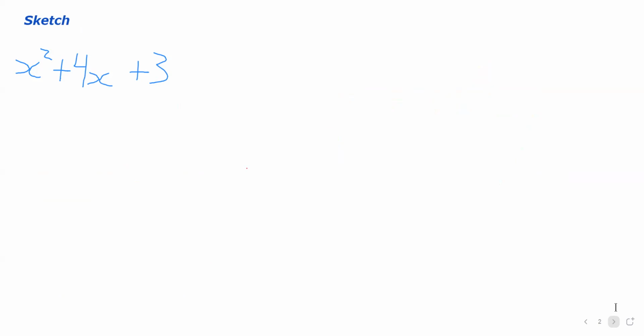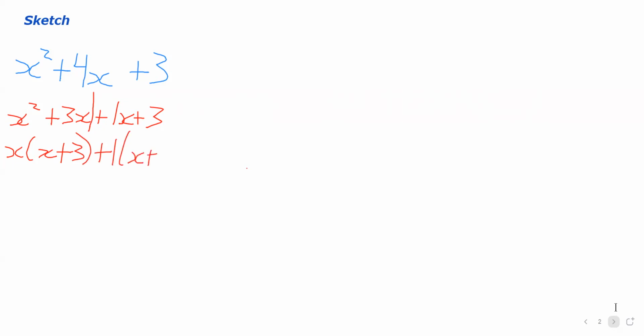Let's multiply that out, so we end up with x squared plus 3x plus 1x plus 3. Then we factor it: x plus 1 and x plus 3.